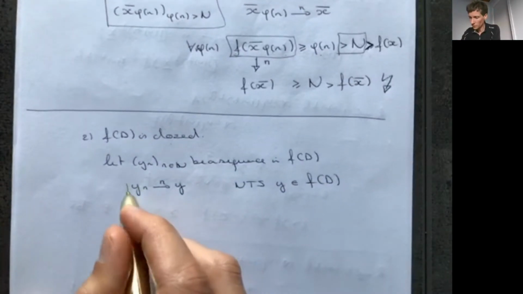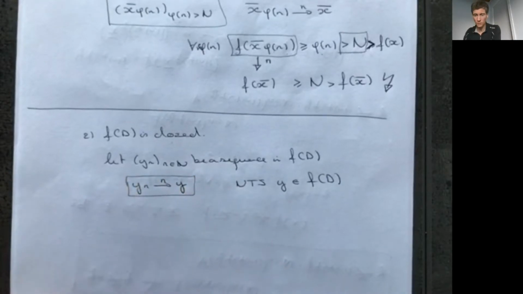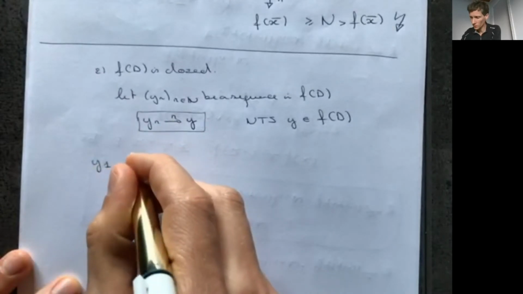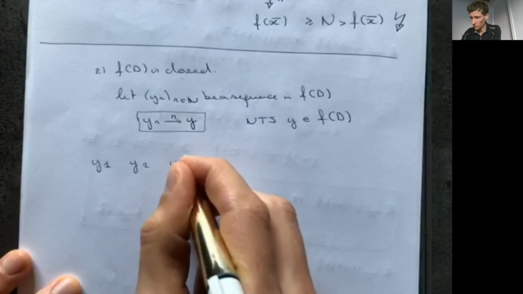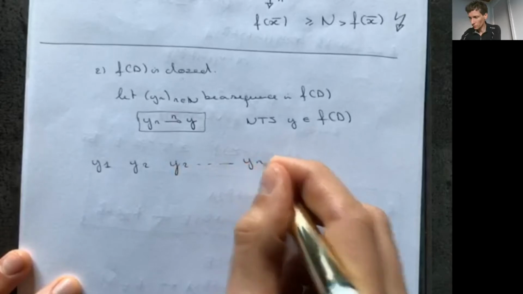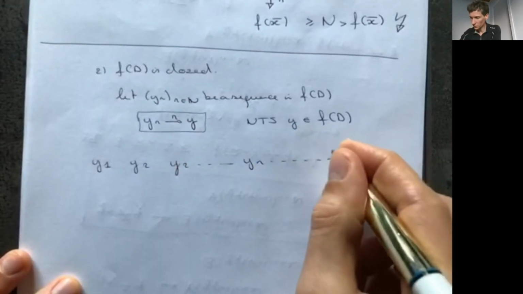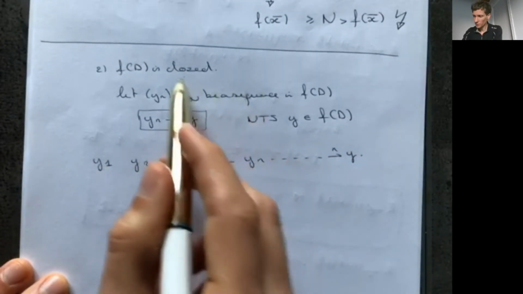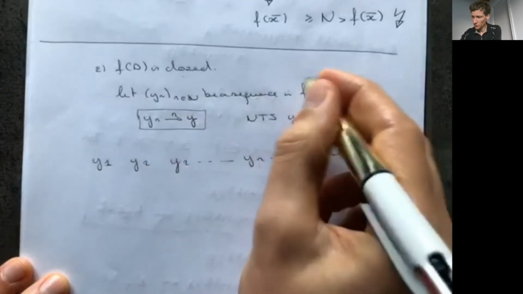Okay, so that's what we need to show. Here we have a sequence y_n converging to y. So let's write down the sequence. The first element is y1, then you have y2, then y3. So in general we have y_n, and so on. In the limit this converges to y. All of these elements are in the range.